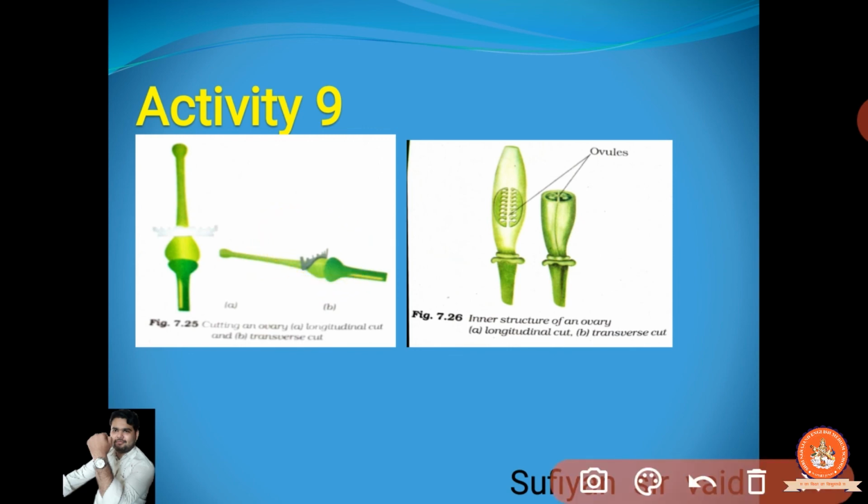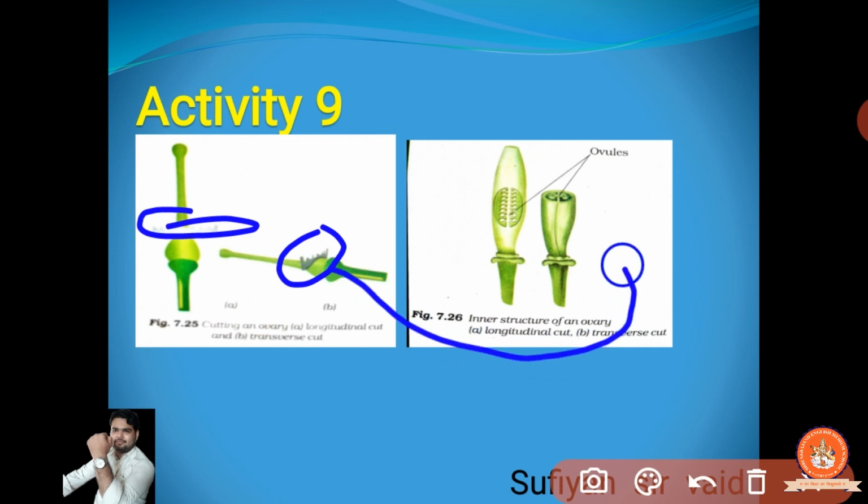So we cut it longitudinally, and the other vertically. When we cut it, we get two portions, this portion and that portion. Clear? When we cut it vertically, we get both ovals.